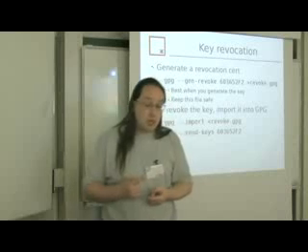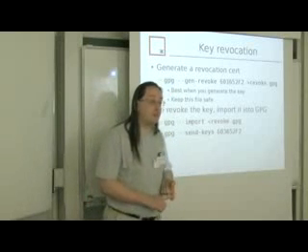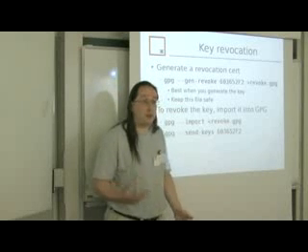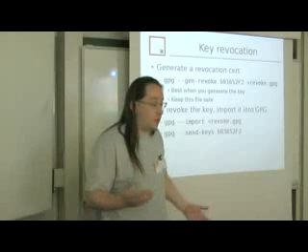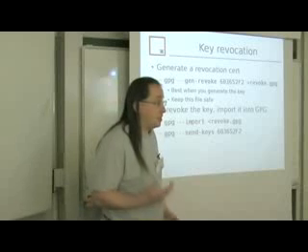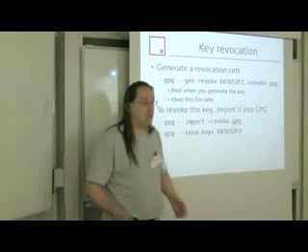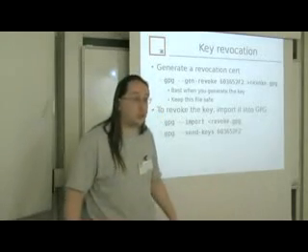Keep it on some piece of separate or removable storage. So USB key, floppy disk is the traditional one. Write it to a CD if you want. CDs are cheap these days. Keep that somewhere safe. Lockbox, safe, whatever. Desk drawer if you want.